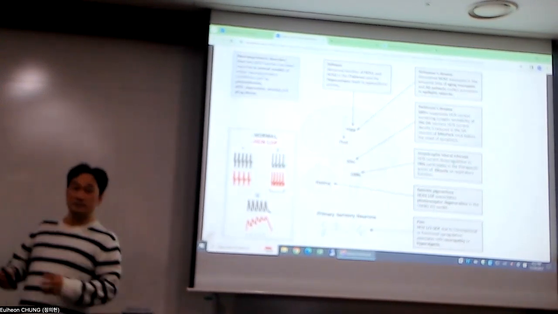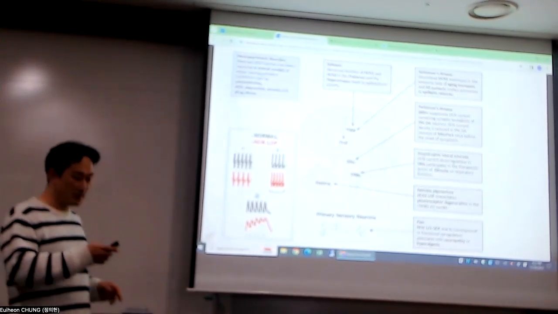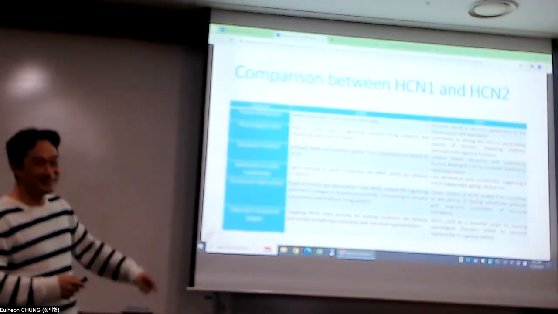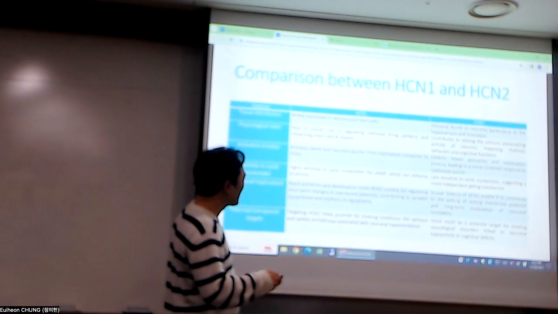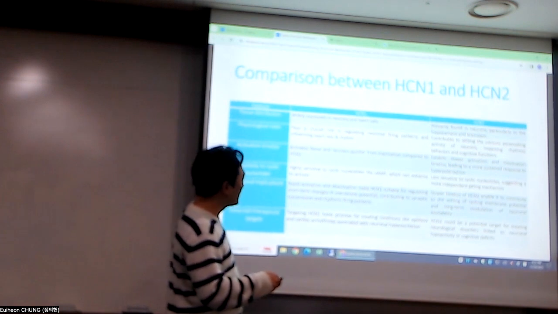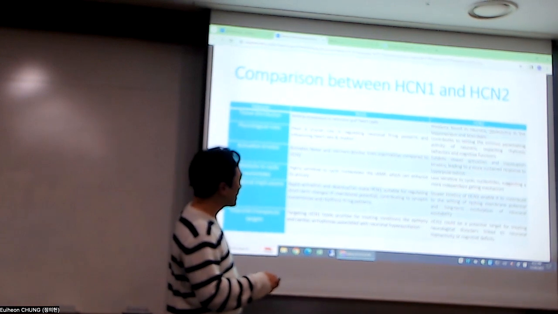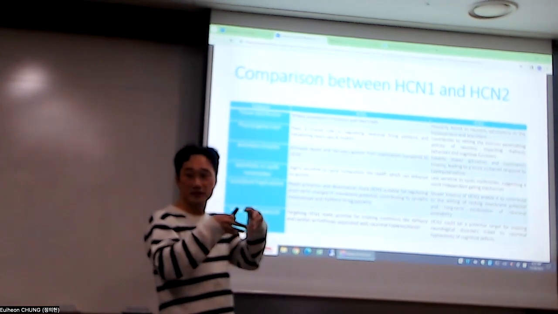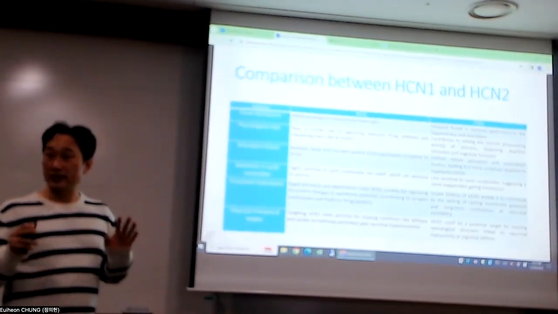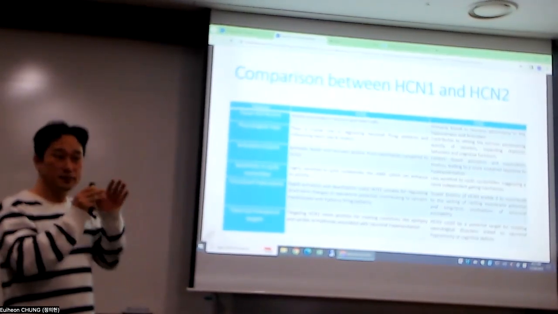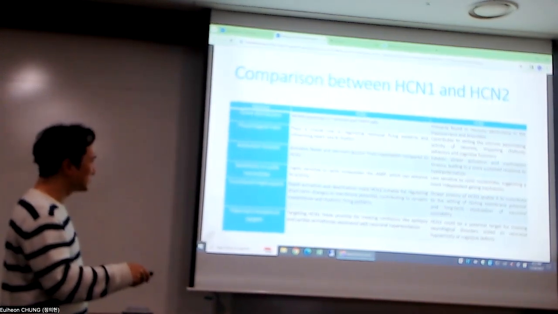What's the difference between HCN1 and HCN2? For example, HCN2 is particularly expressed in the hippocampus and brainstem, or deeper brain regions. It doesn't mean HCN1 is not expressed in the brain, but HCN2 is specifically in those regions.